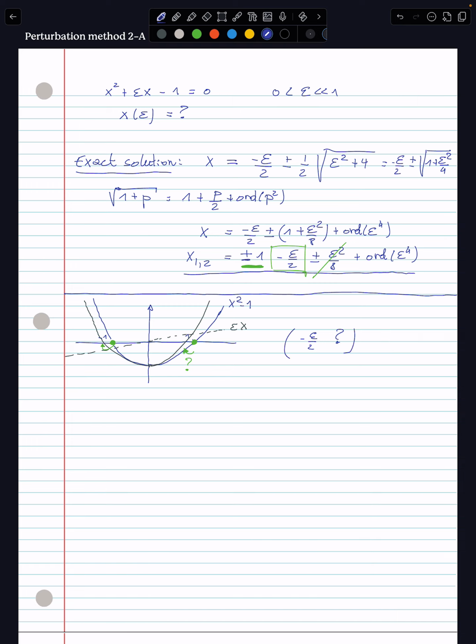We would like to see whether or not it could be possible to obtain this expression without having to write the exact solution of the problem. All right, and so for this, we can use a method that is called the expansion method.